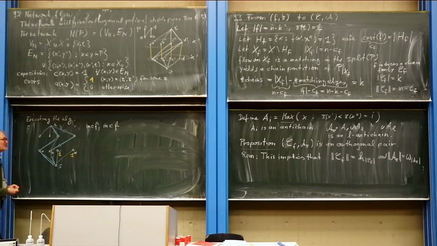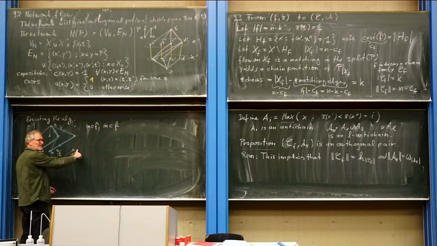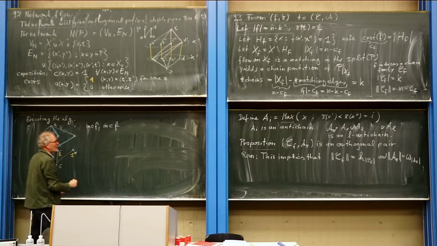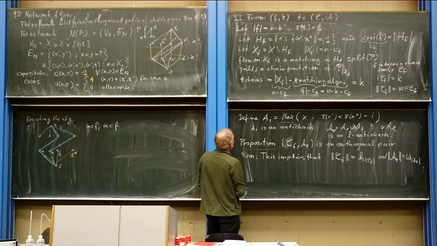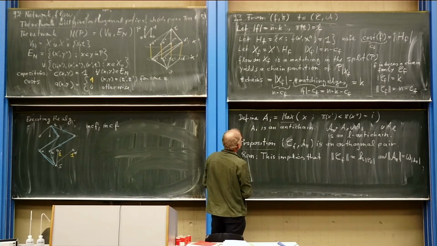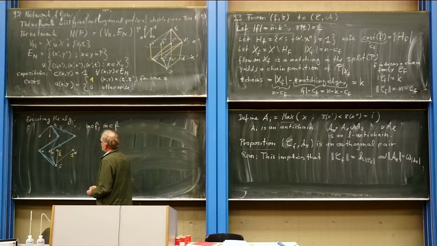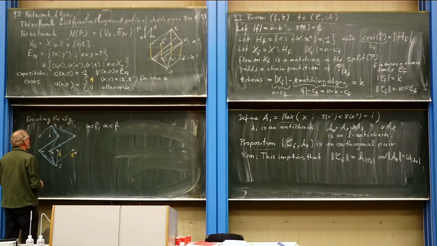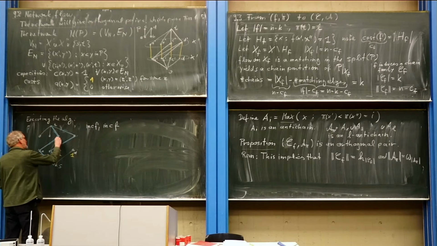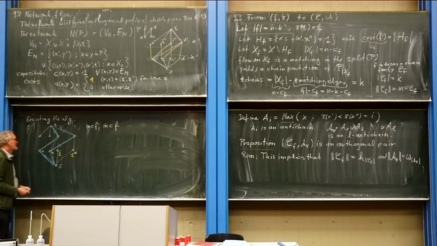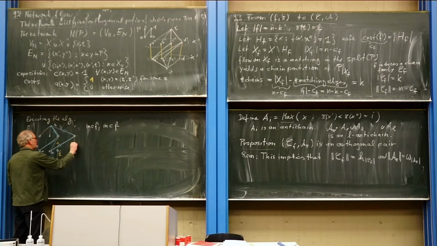So increasing the potential to 1 here means that now the potential here minus the potential here is the cost, and we put these edges in our auxiliary network as forward edges.